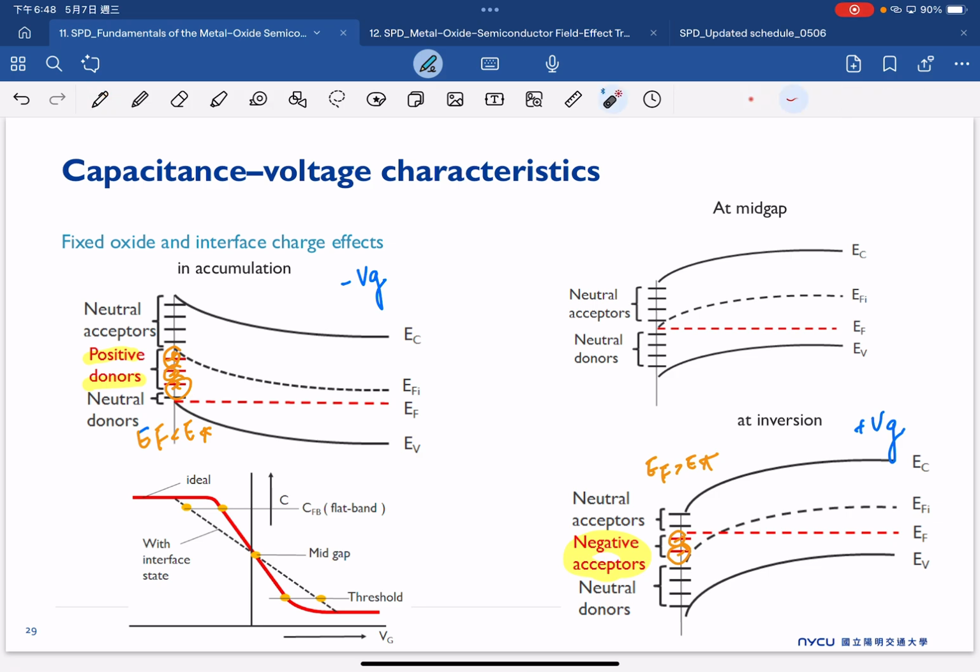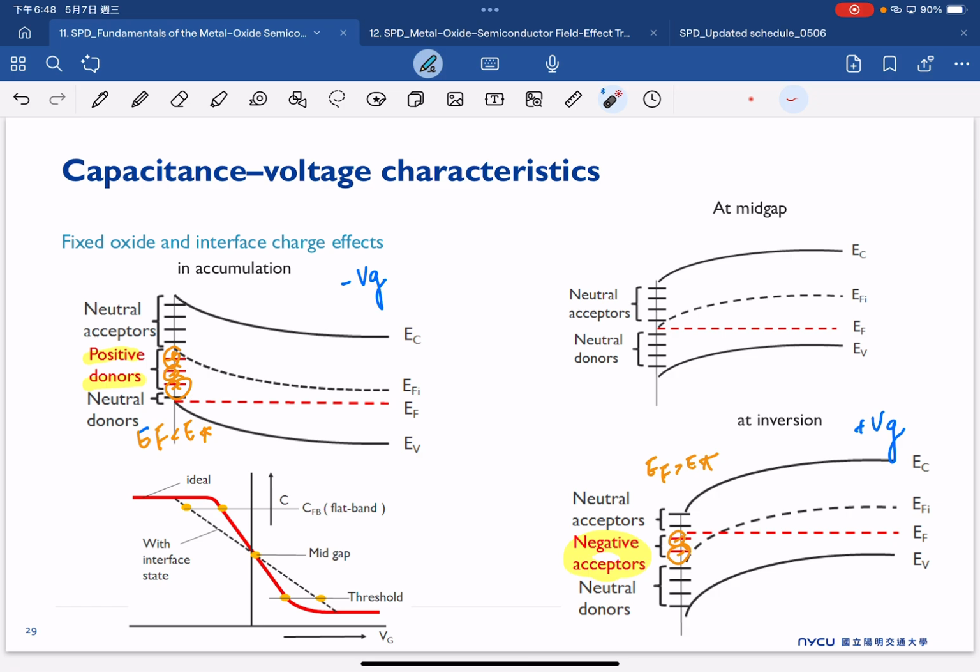In the positive gate bias, because our EF is above our ET, we have the negative charges here. But in the case with EF smaller than ET, we start to have the positive charges here.